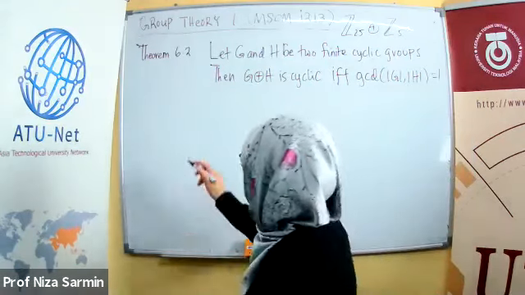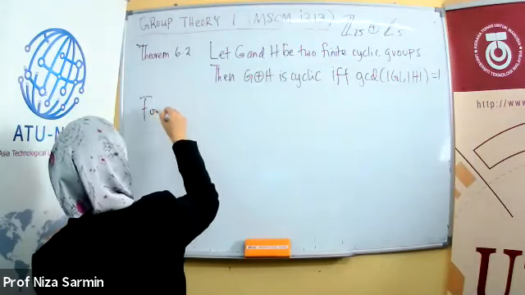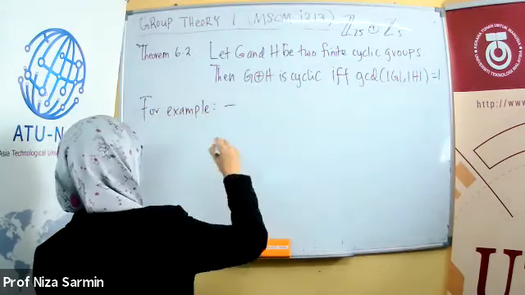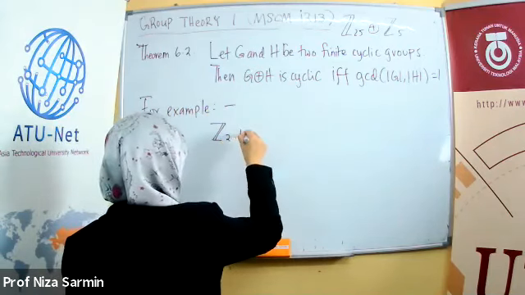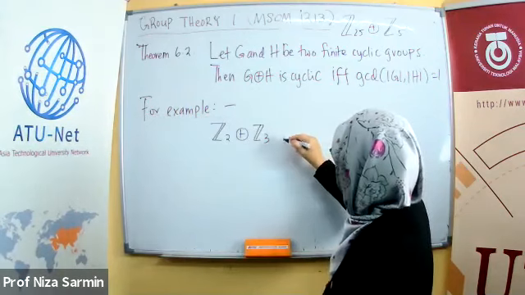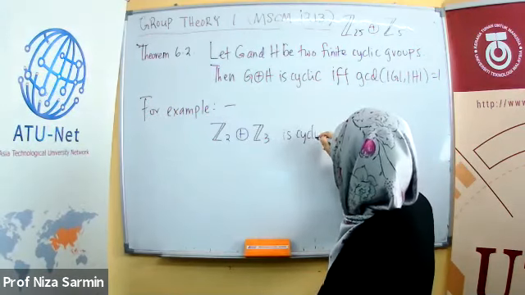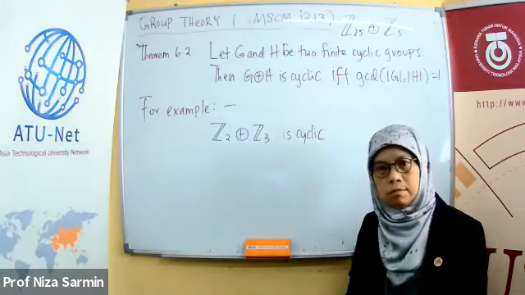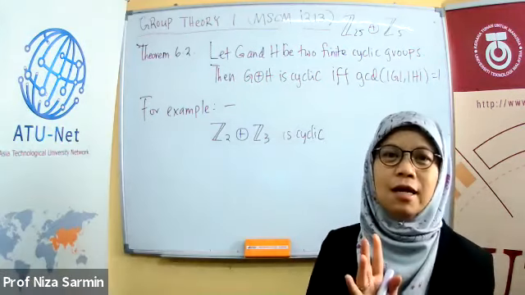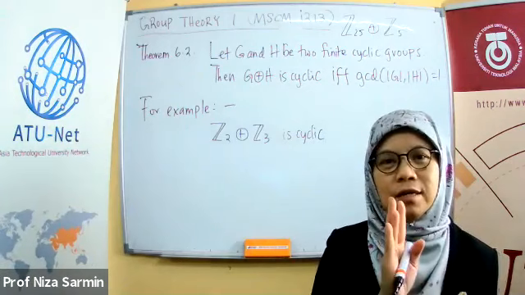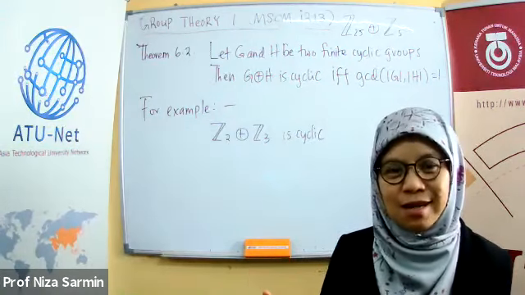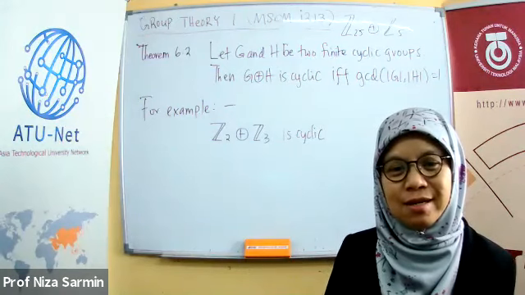For example, Z2 plus Z3 is cyclic. Because there will be an element inside of order LCM of 2 and 3, which is 6, which generates the whole group, right?